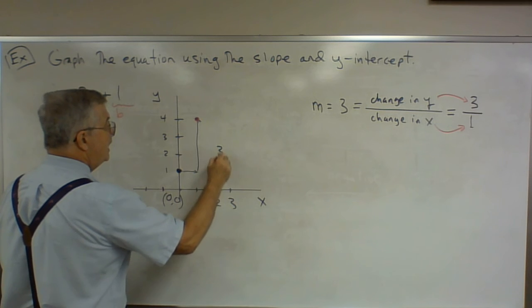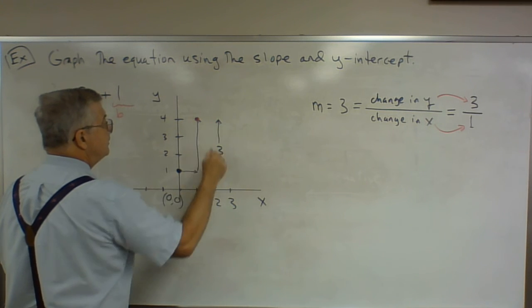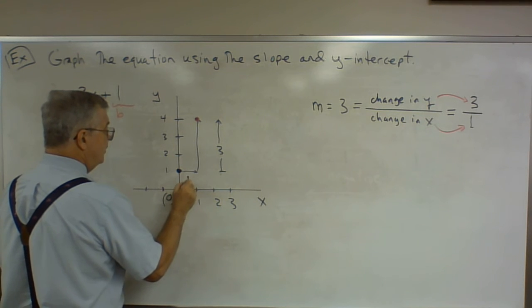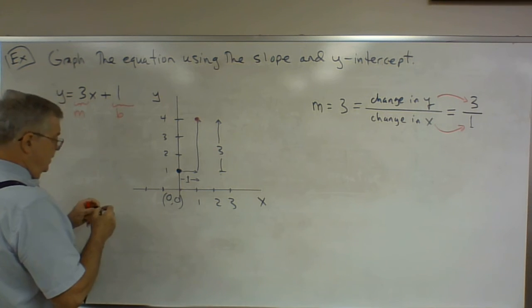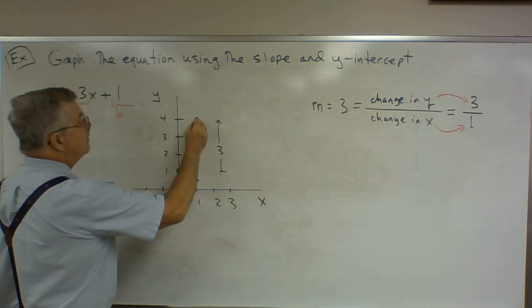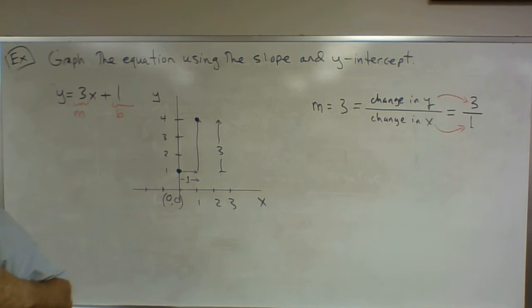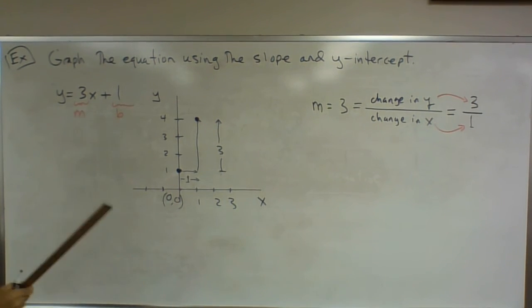So change in y was positive 3 units. Change in x was 1 unit. This gives us our second point on the line. And now we just connect those 2 points.